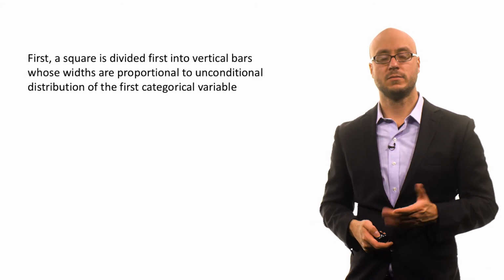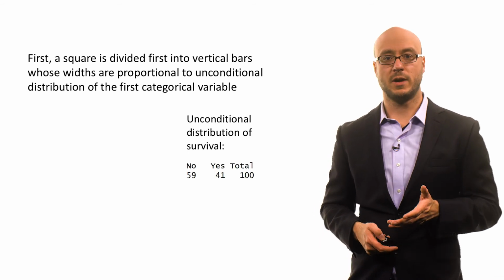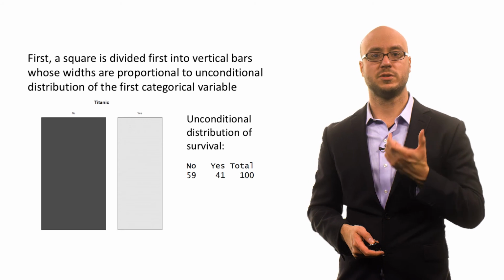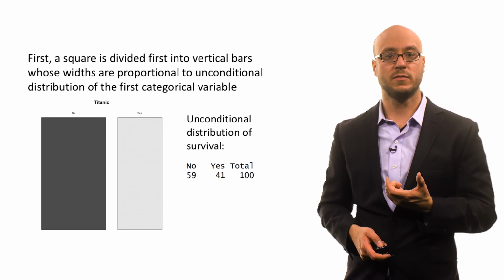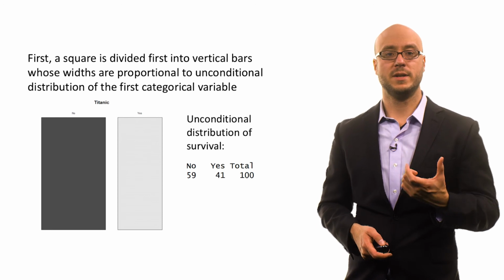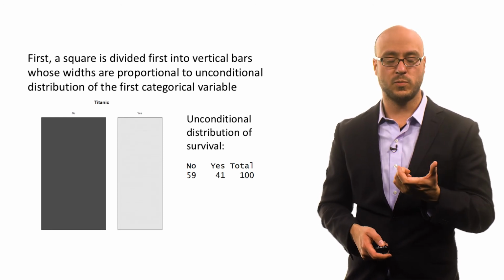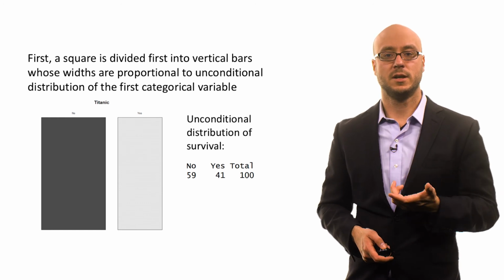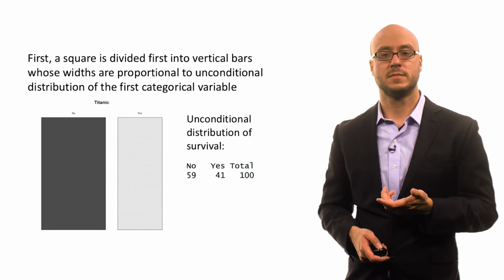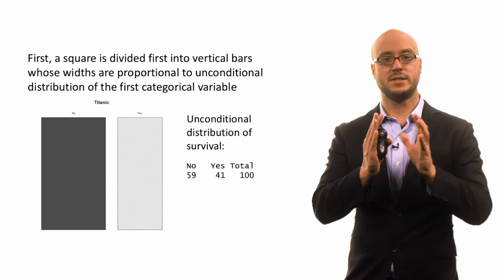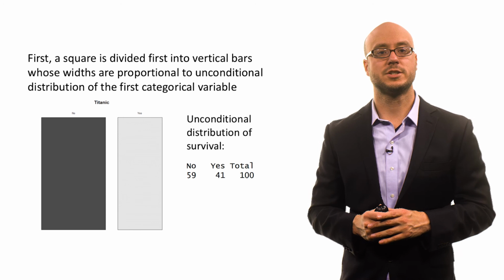So we can look at this. We take a square and divide it into two vertical bars. The widths of these bars are proportional to the unconditional distribution of the first categorical variable. So this first categorical variable is the percentage or proportion of people who survived the Titanic. We have 41% who did survive, 59% who didn't survive according to this data set. So you can see that one bar is a little bit larger than the other one.